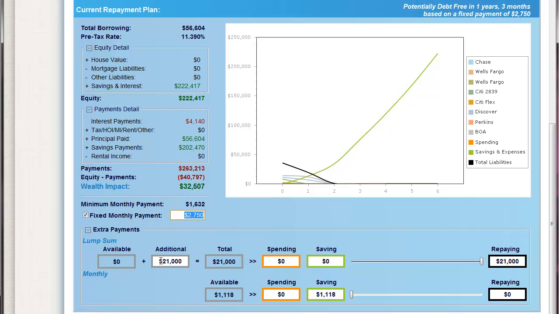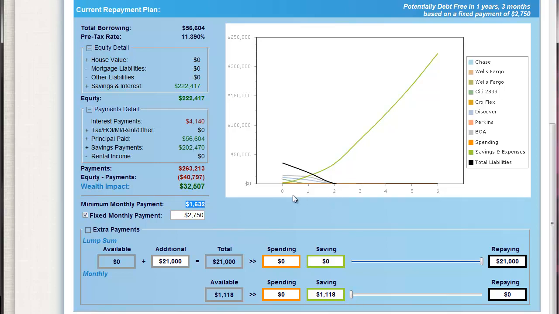Let's take $21,000 that we can get from your IRA and repay it towards your current liabilities, and again, we're talking about the $56,604 in liabilities they have today. And then secondly, let's take $2,750 a month, which, as you can see here, they've got $1,632 now that they're paying. That would give them an extra $1,118 per month that would go into savings.